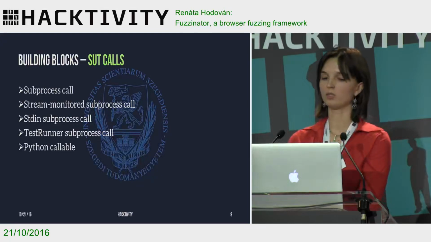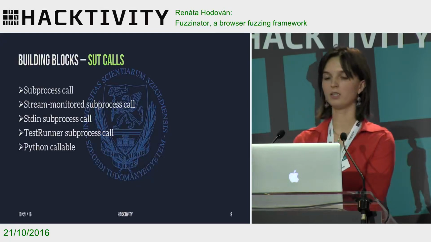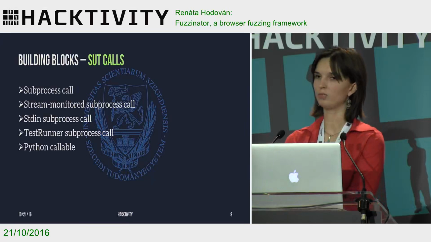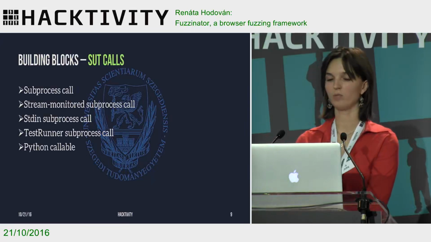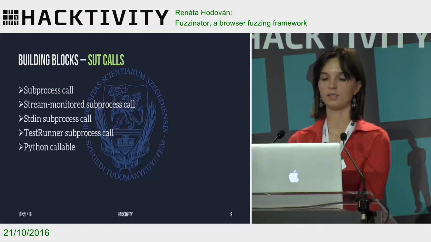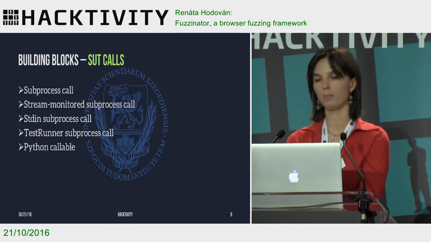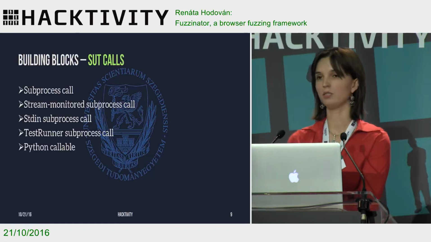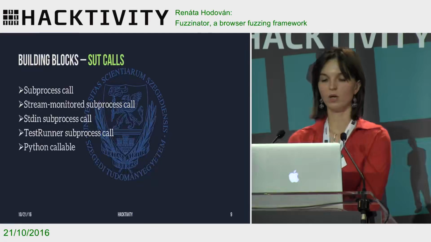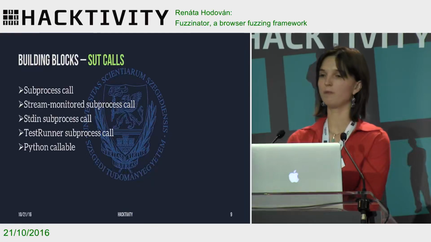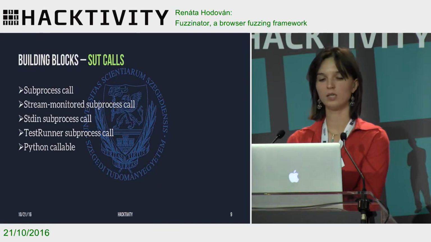But if your application doesn't exit on failure, but presents an error message on one of its streams, then stream monitor subprocess call is for you, because it will monitor the output of the application and will interrupt it if a nasty pattern is found. Or if you have an application that reads from stdin, a standard input, then we have a solution for this too, and this is stdin subprocess call.